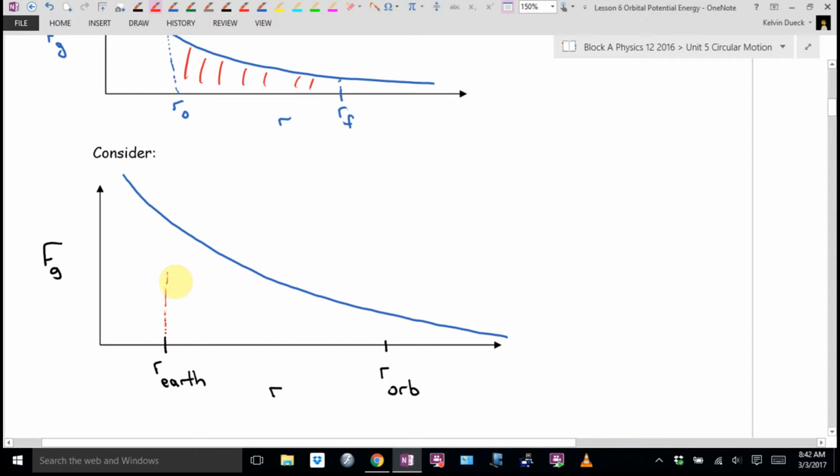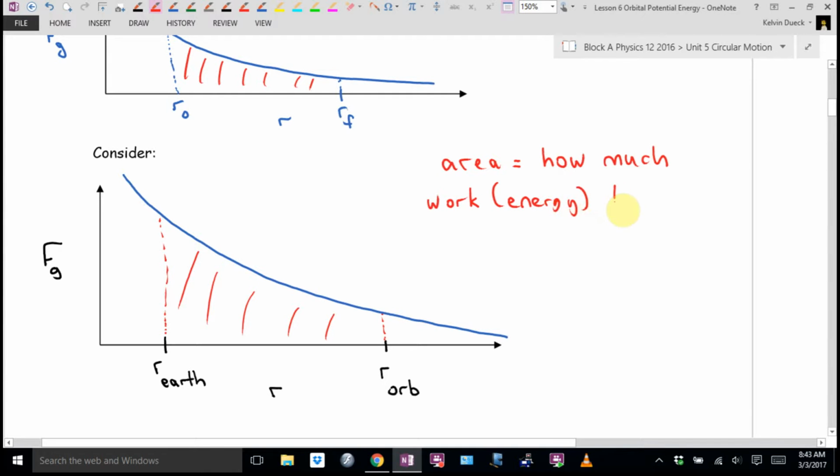If you want to figure out how much rocket fuel, how much energy, how much work it's going to take to get whatever object you want up to that high, because g, the 9.8, is changing constantly, here the area is how much work, and you can put in brackets energy, to lift an object from Earth's surface.